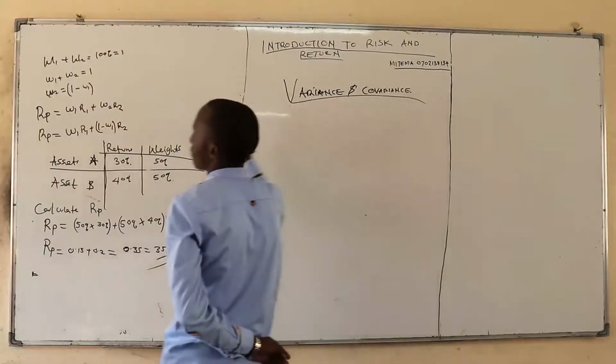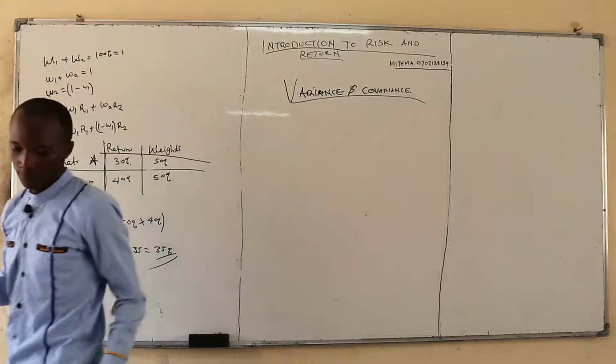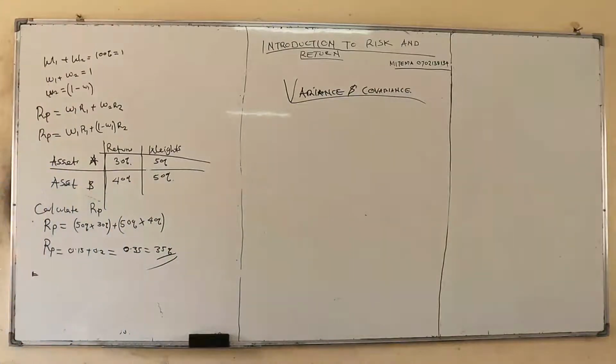So these are measures of the riskiness of those returns that we have been calculating. The total risk of an asset or portfolio of assets is measured by its standard deviation, which is the square root of the variance.